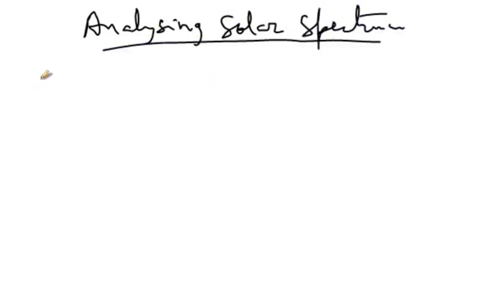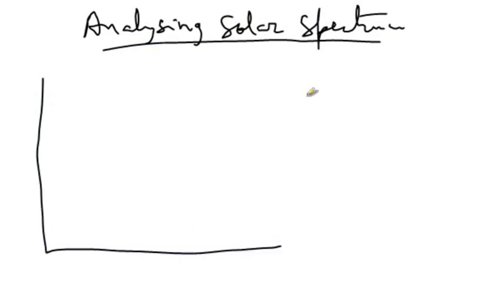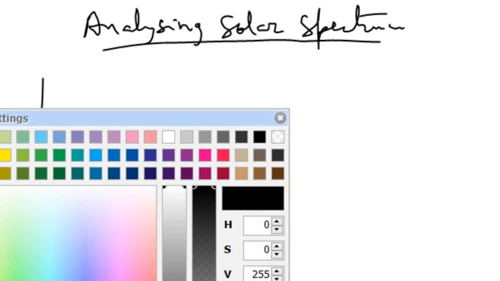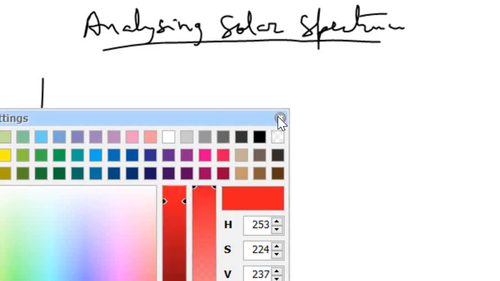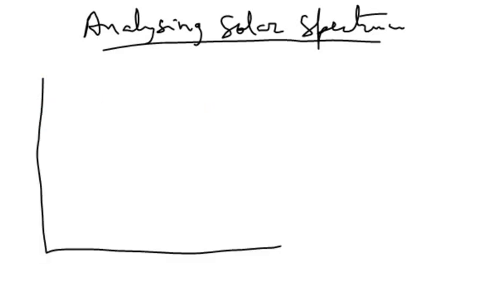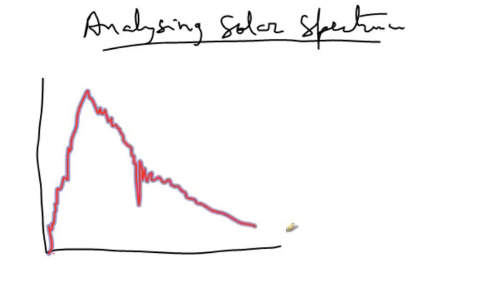Now we just observe that the entire solar spectrum, what does it look like? Well, it looks like something like this. It is just approximate. There is something like this, kinks over there as well.